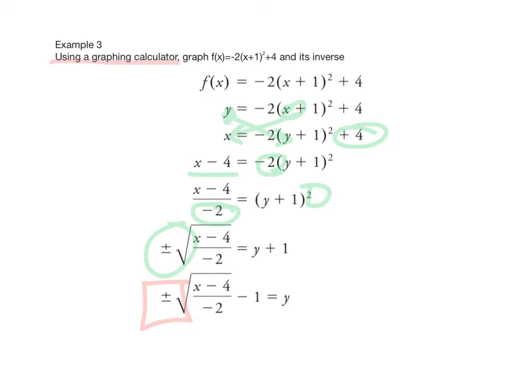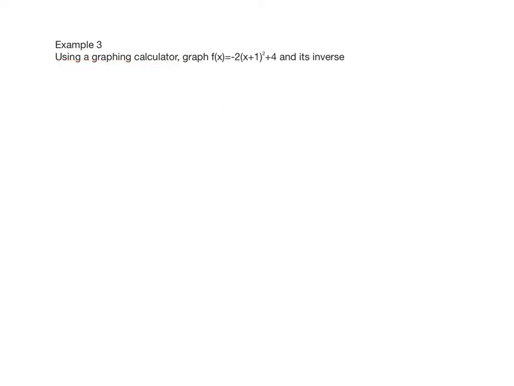So the reason that I'm spending some time highlighting some things in this inverse is that we need to be able to graph both the positive root and the negative root in order to get the actual graph of the inverse.